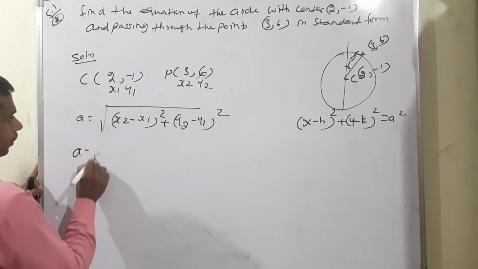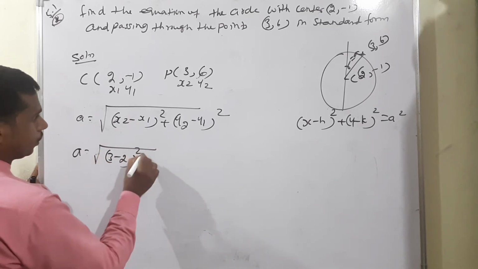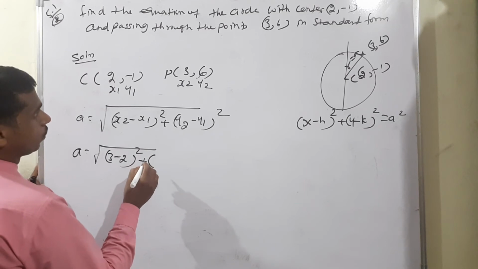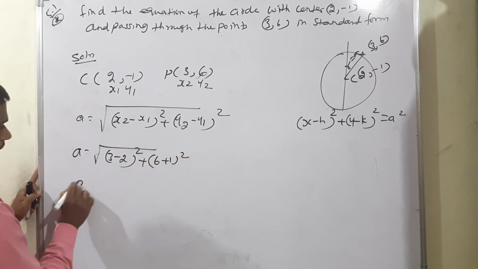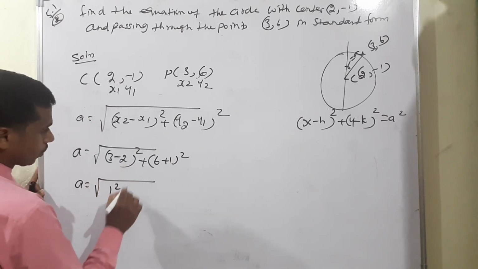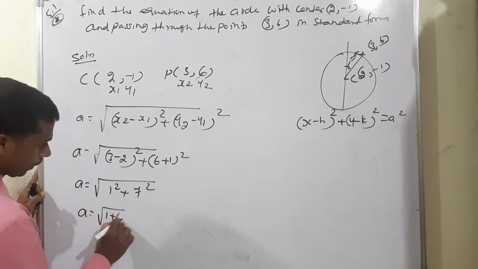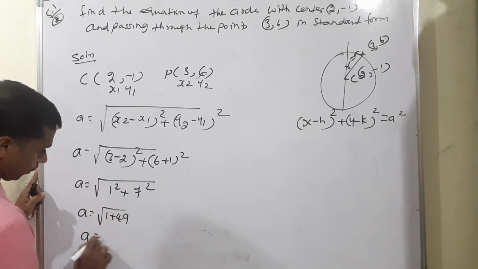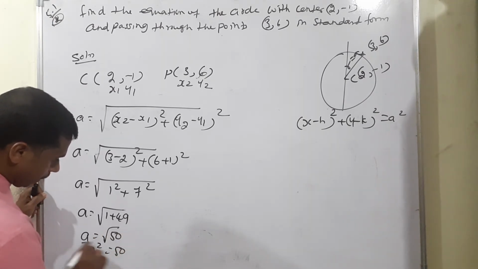Now a is equal to, so x2 minus x1 means (3 minus 2) the whole square plus y2 minus y1 means (6 plus 1) the whole square. Again a is equal to square root of 3 minus 2 means 1 square, 6 plus 1 means 7 square. Again a is equal to square root of 1 plus 49. Therefore a is equal to square root of 50, which means a square is equal to 50.